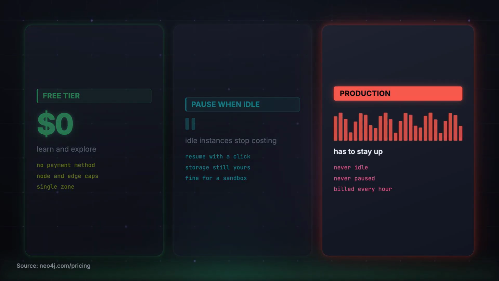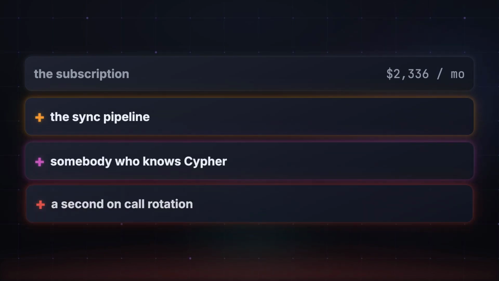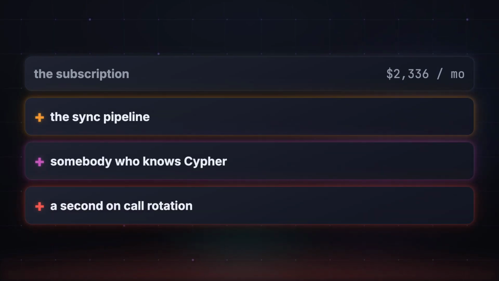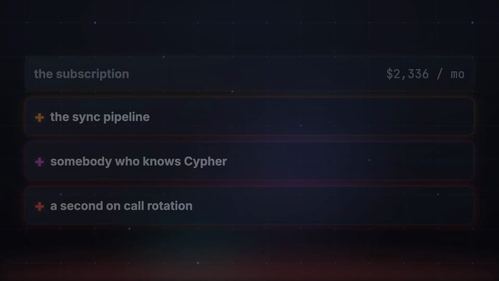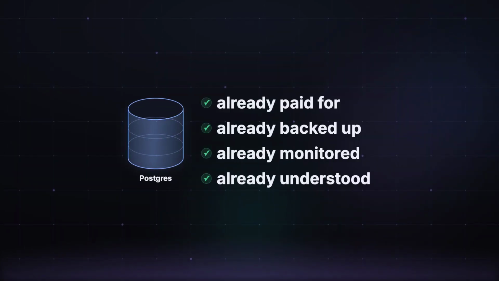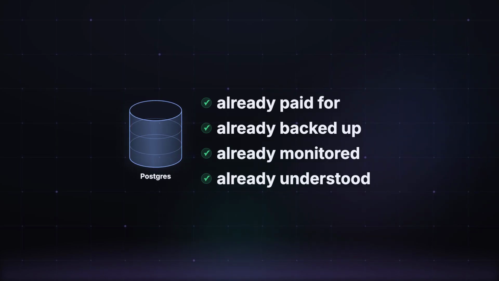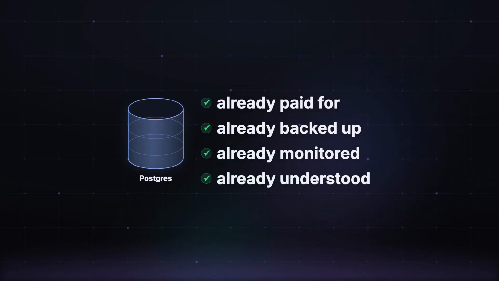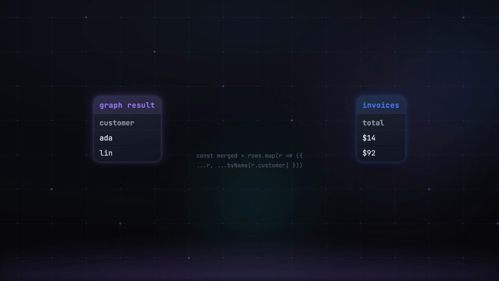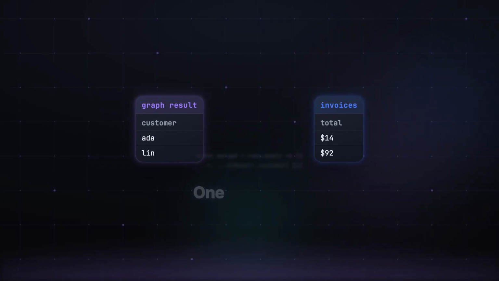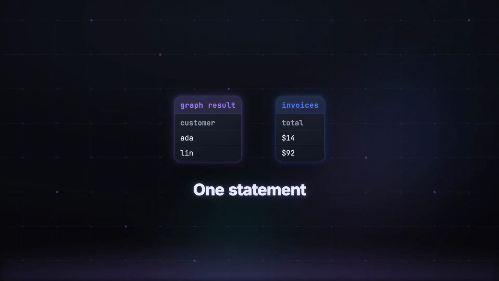Neither helps a graph that has to stay up, plus the pipeline keeping it in sync, plus somebody who knows Cypher, plus a second thing to be paged about. Against that, one statement in a database you already pay for, backup, monitor, and can operate at 3 a.m. And the graph query joins your ordinary tables in the same statement. No application code stitching two results together.